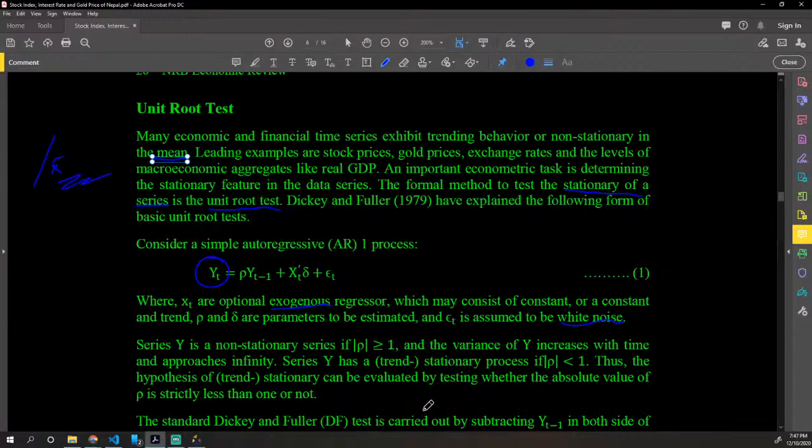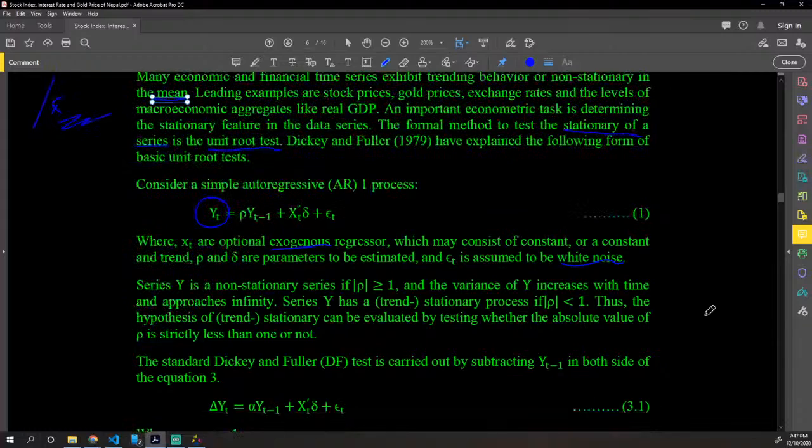So it will be 1. Whereas if it's stationary, it will be less than 1. So the hypothesis of stationarity can be evaluated by testing whether the absolute value of rho is strictly less than 1 or not. It basically tells us whether it is stationary or non-stationary, right?